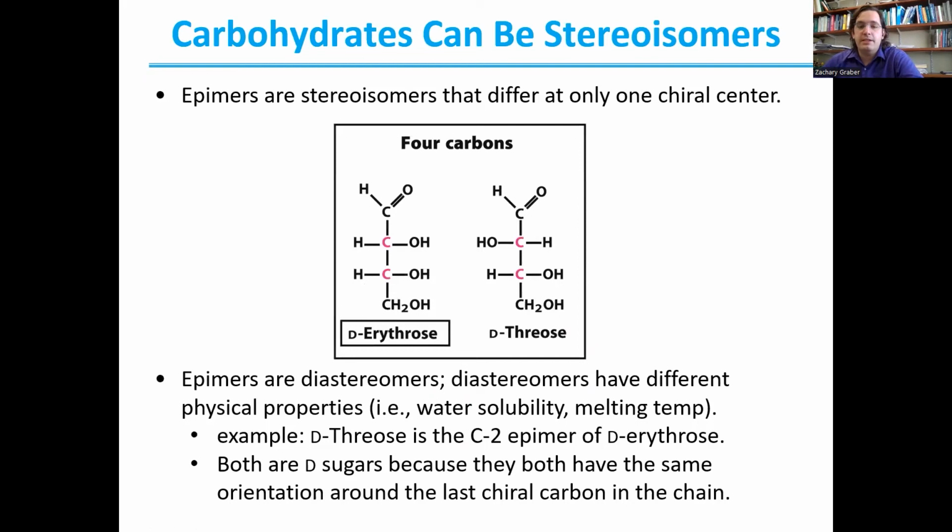Our D-erythrose and D-threose diastereomers here are actually specifically referred to as epimers. So epimers is a subclass of diastereomers that differ at only one chiral center. So we'd say that D-erythrose and D-threose are diastereomers and they are epimers. They are not, of course, enantiomers because they're not perfect mirror images of each other.